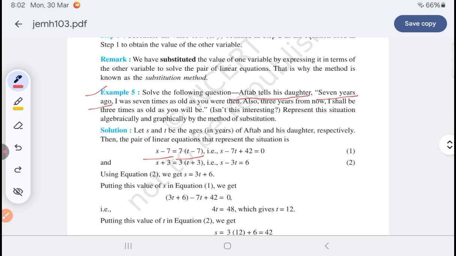From this, S minus 7T plus 42 will come. From the other condition, 3 years from now, he will be 3 times as old as she will be, so S plus 3 equals 3 times (T plus 3). On simplification you will get S minus 3T.